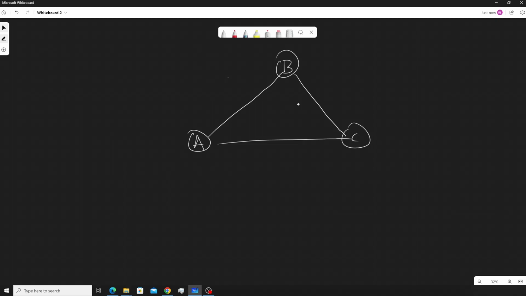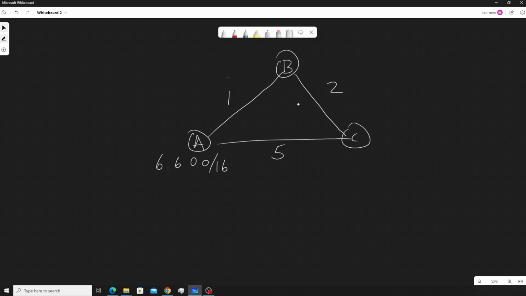Let's put some costs on these edges, 1, 2, and 5. These are networks, so they represent entire blocks of IP addresses. For example, maybe this is 6.6.0.0/16, so there's 65,000 devices on here.